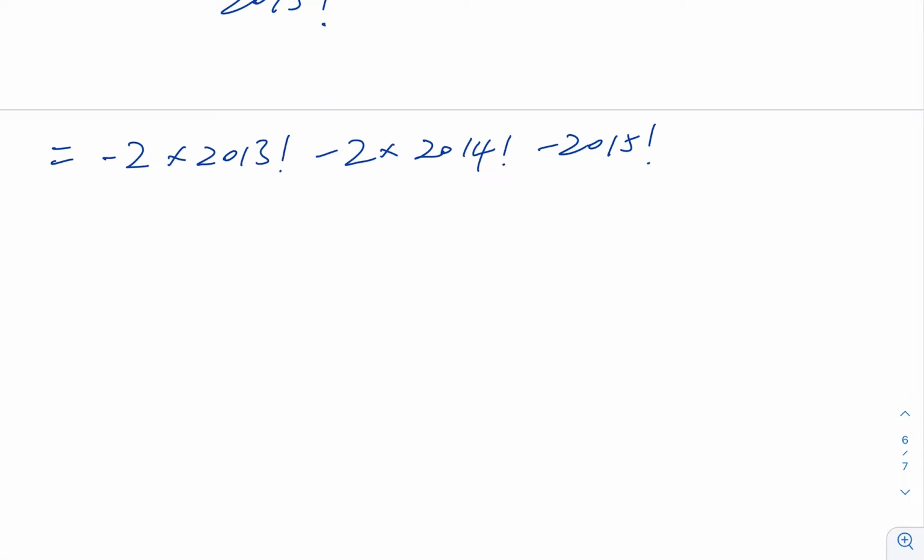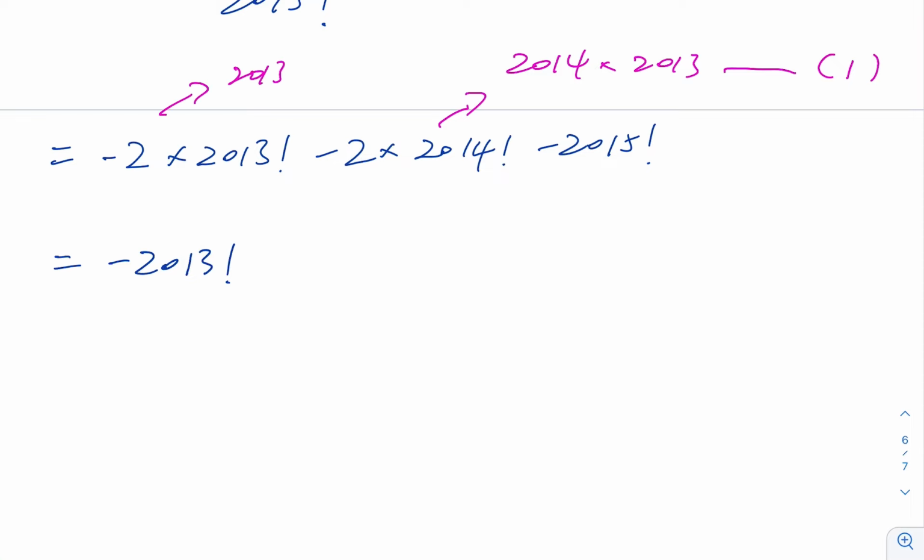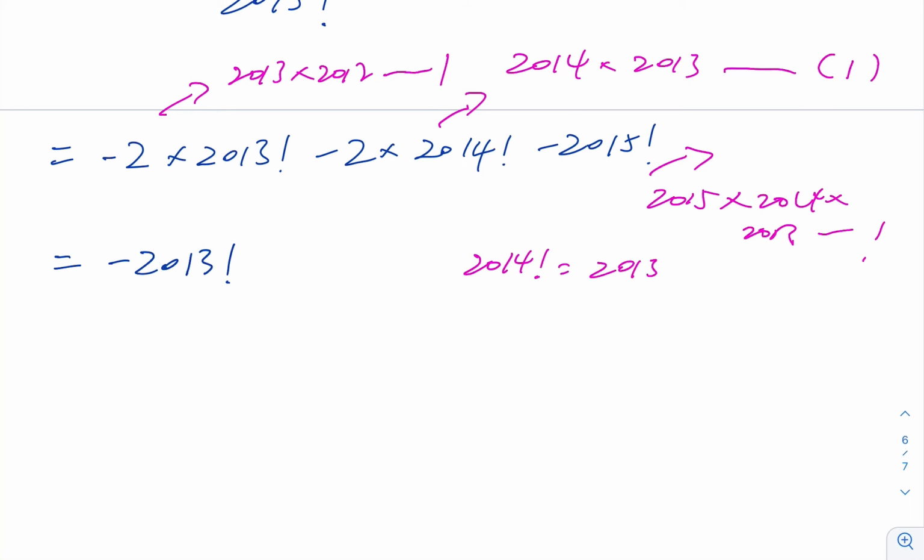How can we do that? So take a common factor out, you know, because this factorial of 2014 is 2014 to 1. This is 2013 to 1. This is 2015 to 1. So 2014 factorial equals 2013 factorial times 2014.